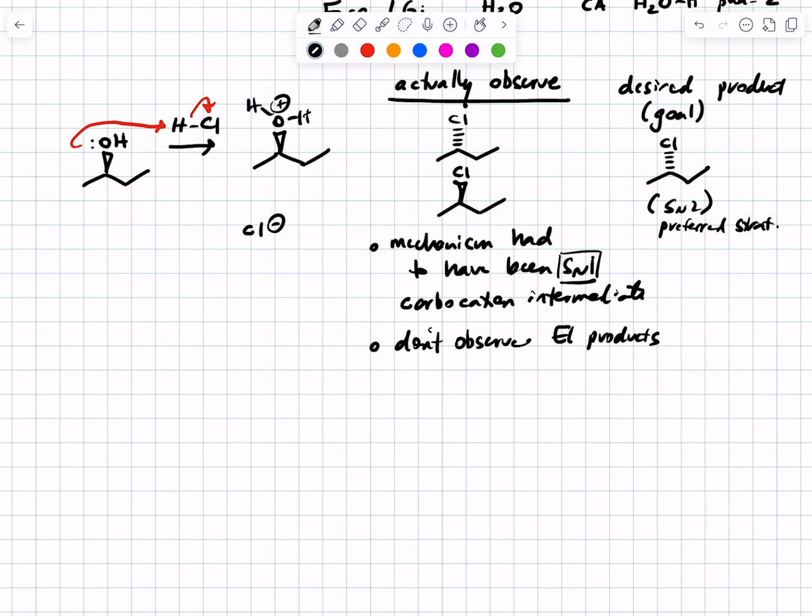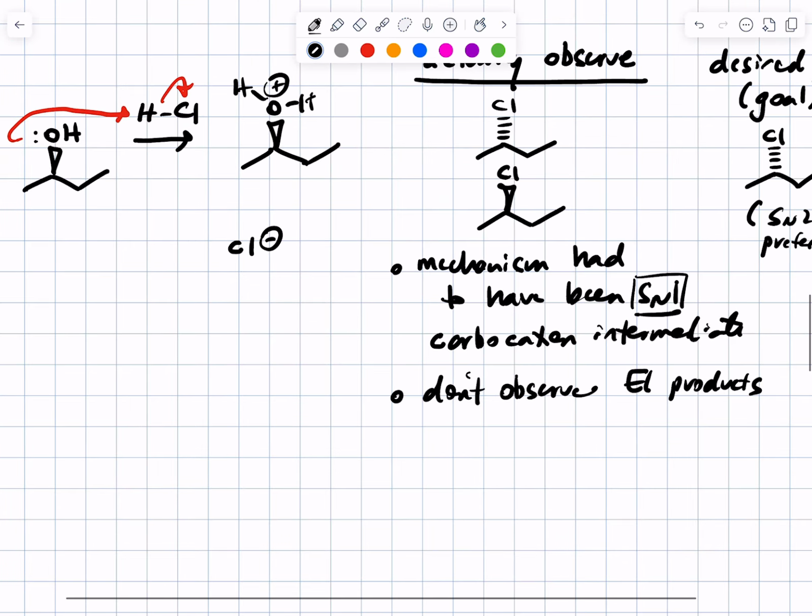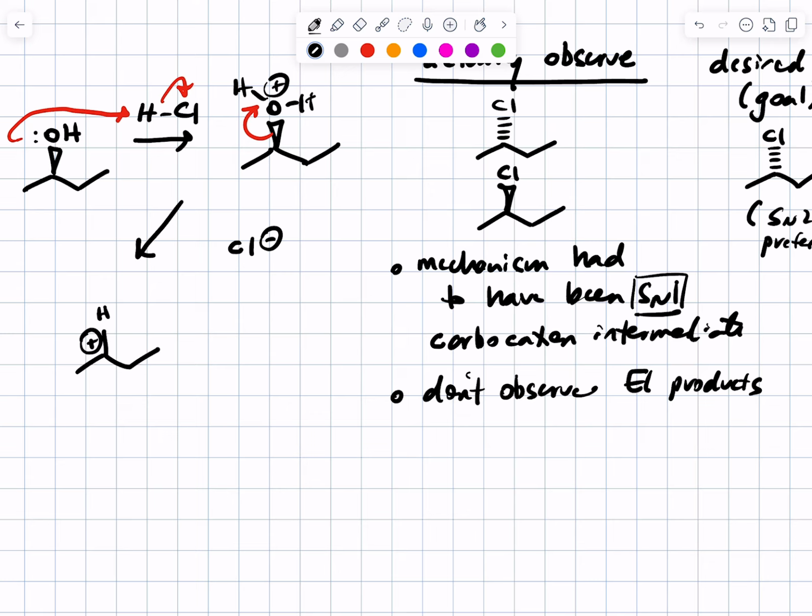You would have expected, if you had to go through an SN1 mechanism, to go through this planar carbocationic intermediate, and then you would have expected the nucleophile/base to attack from above or below at the positively charged carbon to give you both of these products.